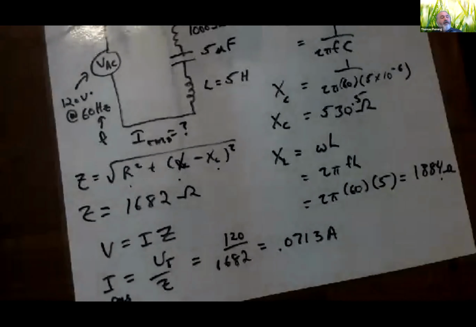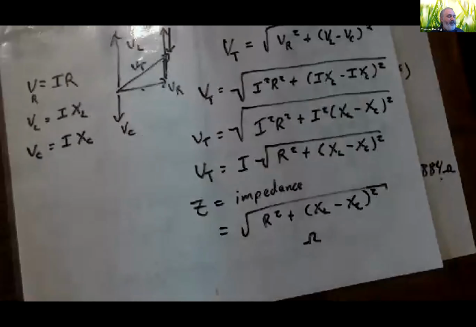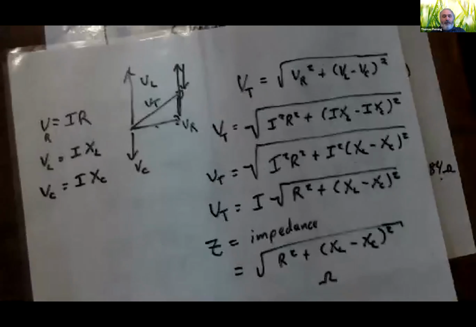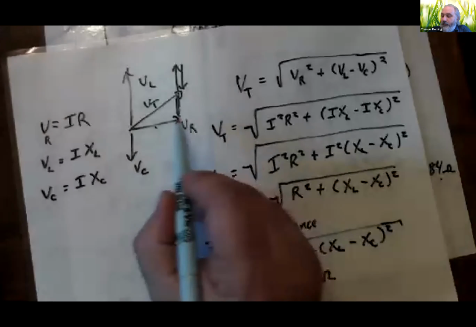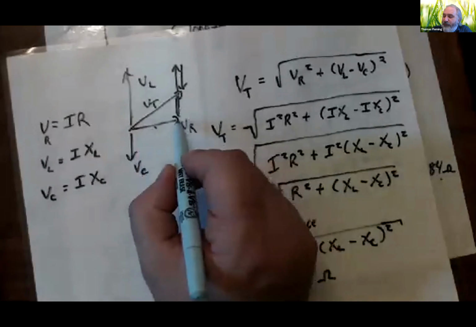Now, there is one small complication, and that complication hopefully should have been apparent when I drew that little phasor diagram earlier. Because remember, the current in my circuit is always in phase with the resistor.